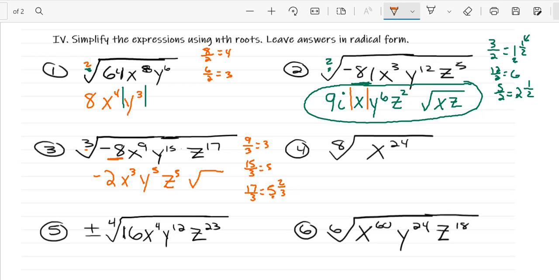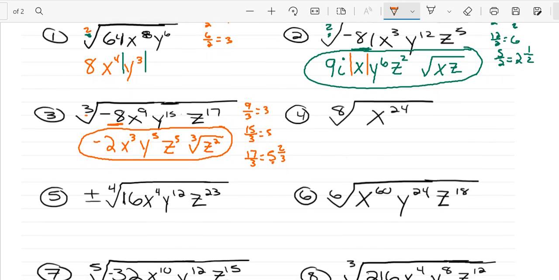The remainder stays underneath the radical. So there was 2 left, so it's going to be z squared under that radical there. Now again, when it is an odd root, negatives are fine. So we don't have to worry about needing any absolute values or anything like that on the outside.